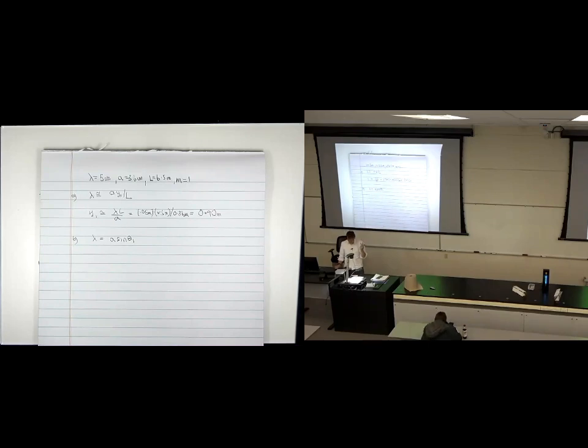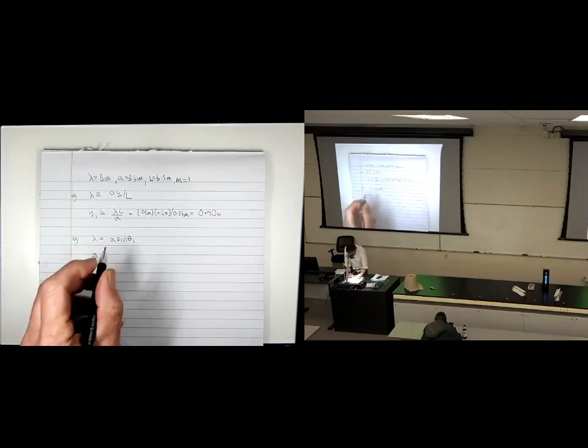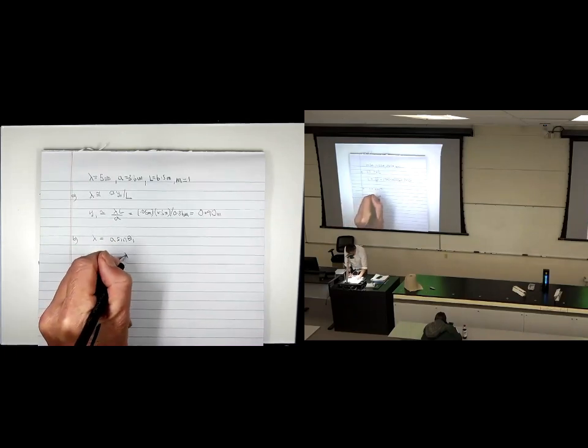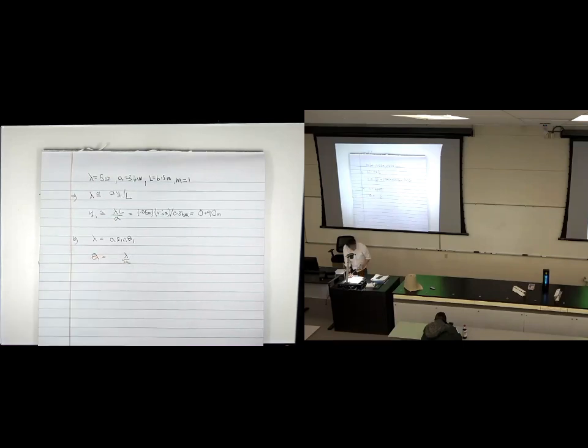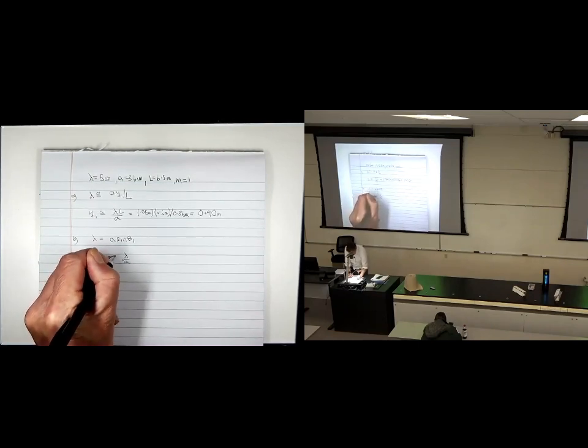And that was the first equation we met. So we could solve this for theta. I would divide through by a, so I get lambda over a equals sine theta, and then I could take the inverse sine.